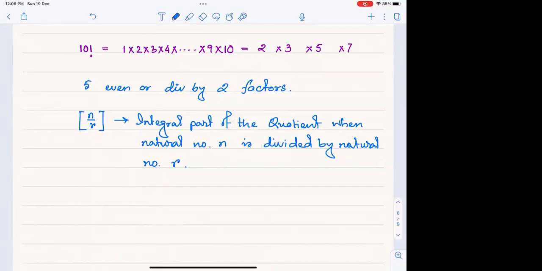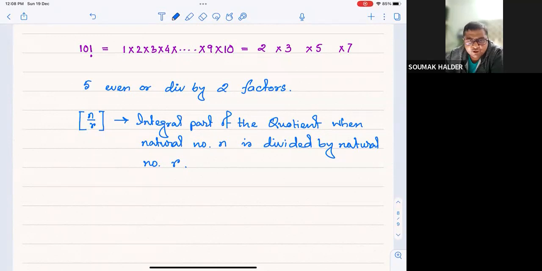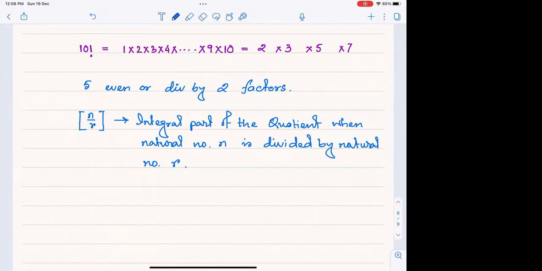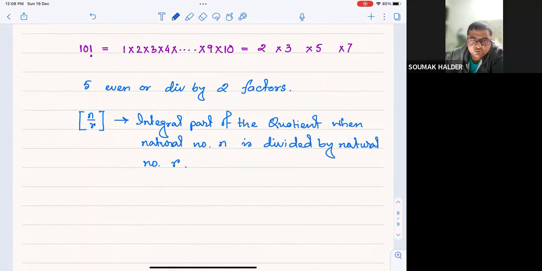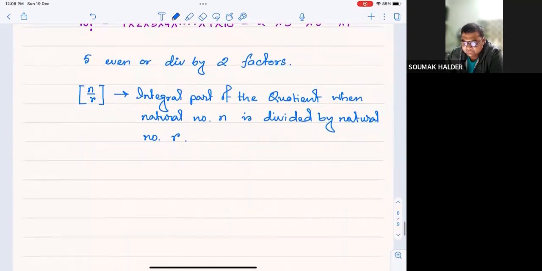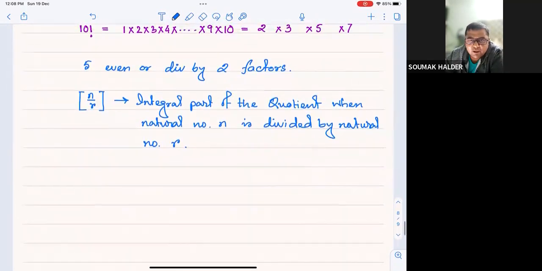Sir, even. So being even, they have already contributed a 2. And being multiples of 2 squared, they have an additional 2 to contribute. So if I simply identify how many of them are divisible by 2 squared, they can give us an additional 2.